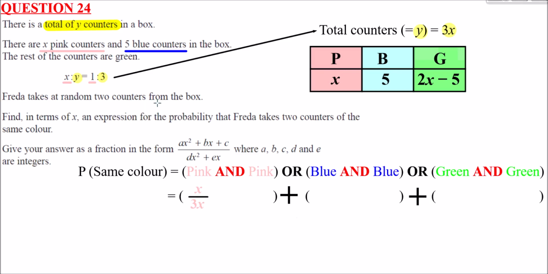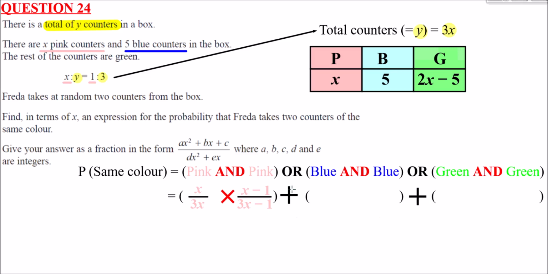These counters aren't replaced, so to pick a pink one next, there'd be one less pink to choose from. So then there'd be x minus 1 pinks, and the total number of counters would have also decreased by 1. So the chance of picking another pink next would be x minus 1 over 3x minus 1. And "and" works as multiply. So we have x minus 1 over 3x minus 1.